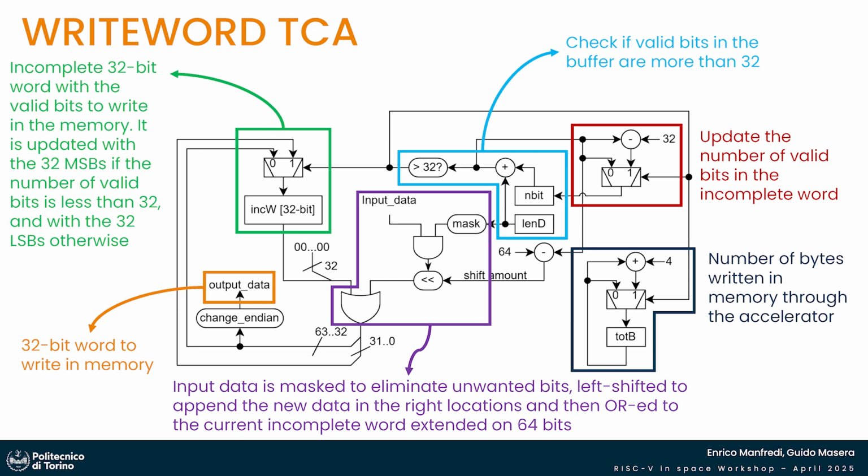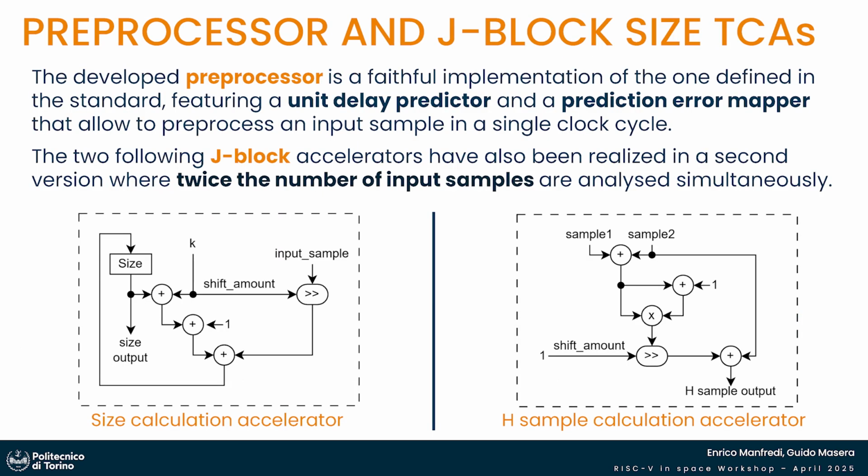The other two accelerators are the one for preprocessing input samples, which is a straightforward implementation taken from the standard. It features a unit delay predictor and a prediction error mapper, and allows preprocessing one sample every clock cycle.